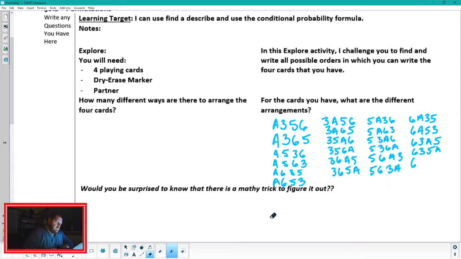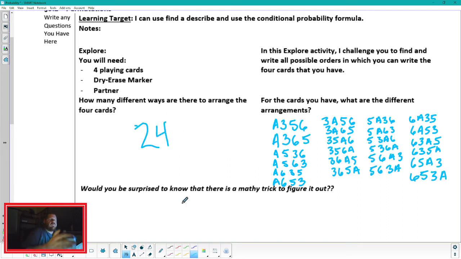Oops. 6, 5, ace, 3, and 6, 5, 3, ace. Okay, so all in all, that gives me 24 different ways that I can arrange these 4 cards.